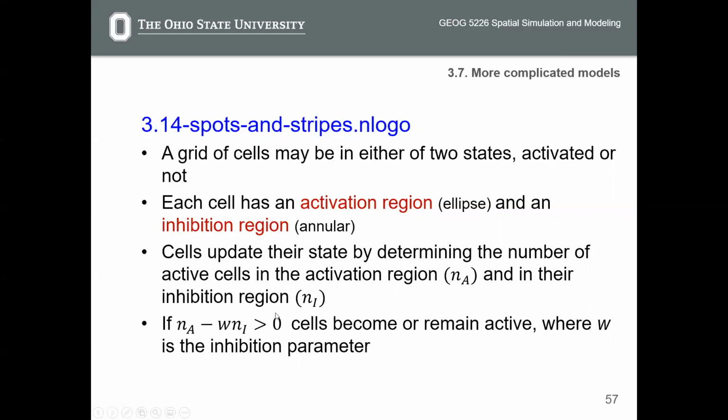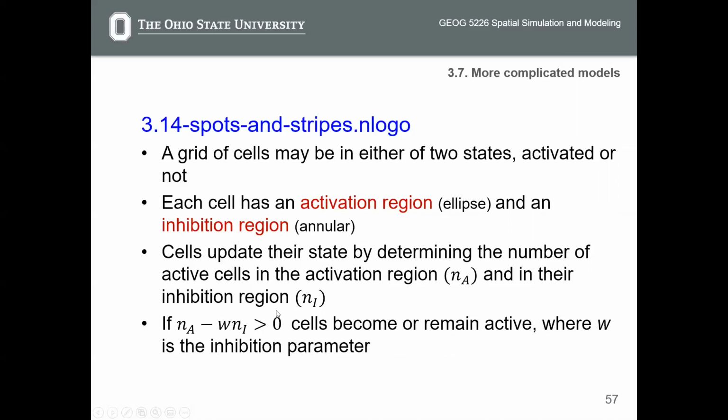If this formula is true, the difference between Na and the multiplication of W and Ni is larger than 0, then cells become or remain active. And W here is the inhibition parameter. You have to assign a specific W. But this formula here is addressing the interaction between activation region and inhibition region.